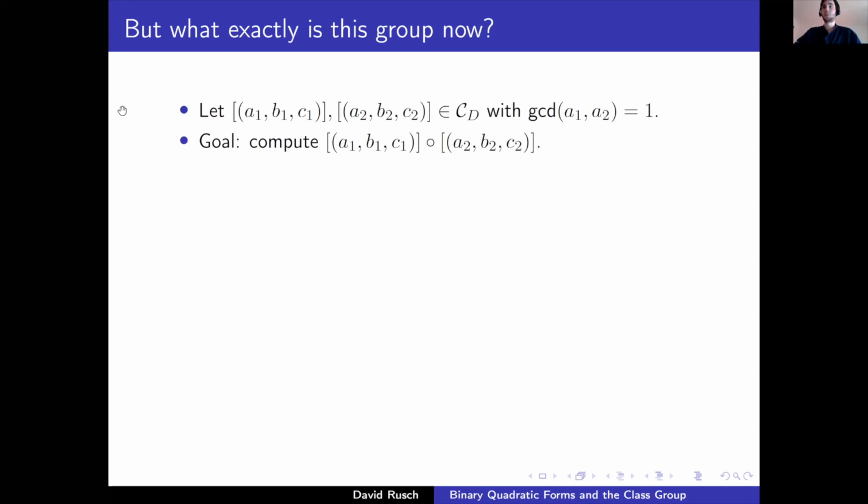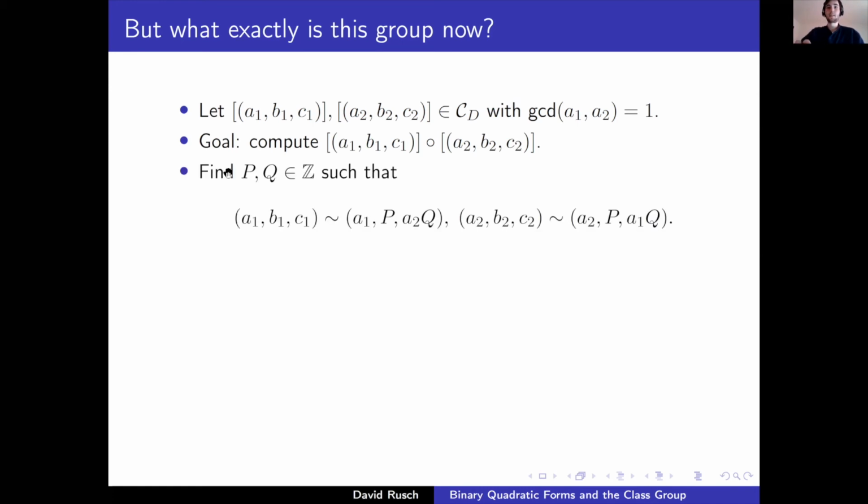And what we have to do is first find some integers p and q such that these two equivalences here hold. This is doable. And once we found such p and q, they are not unique, by the way, we can define the composition as this class here.